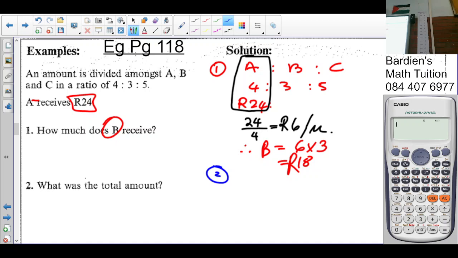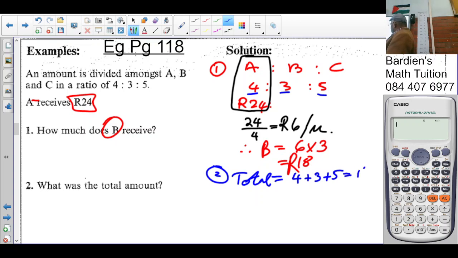In number 2 it says what was the total amount? We got the cost per unit, but we know what each unit is. So what is the total units that they are? 4 plus 3 is 7. And 7 plus 5 is 12. Which is 12 units. Okay? How much is each unit? 6 rand.